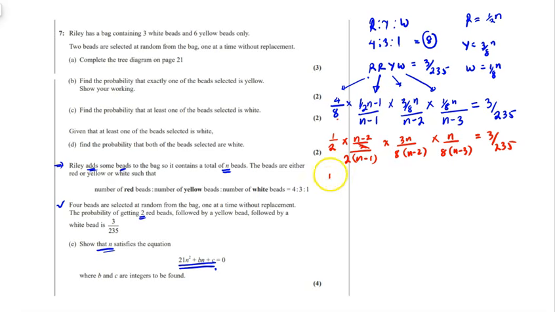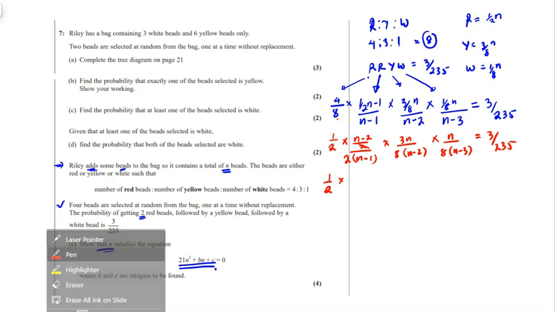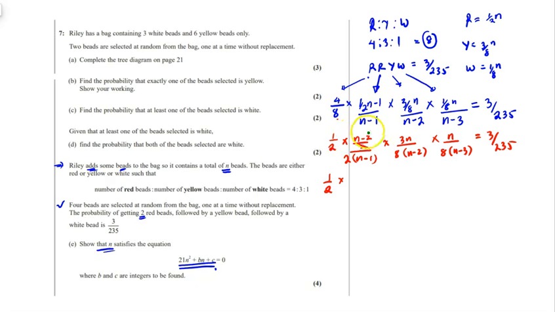So we have a half multiplied by this n minus 2, and this n minus 2 cancels out with that one. So you have 1 over 2, n minus 1, multiplied by 3n over 8, multiplied by n over 8, n minus 3, equals 3 over 235. It's about how you do it, or which kind of math you want to carry out here.